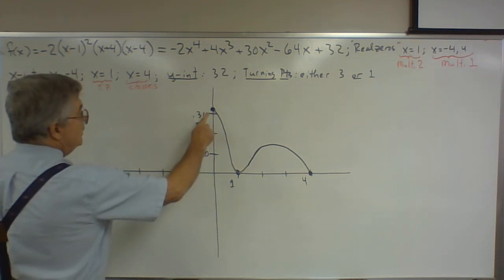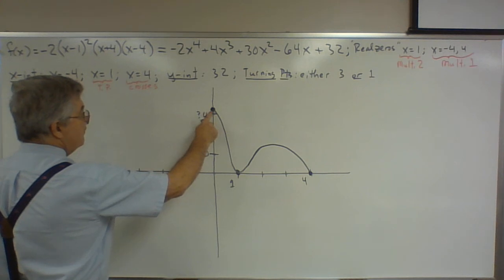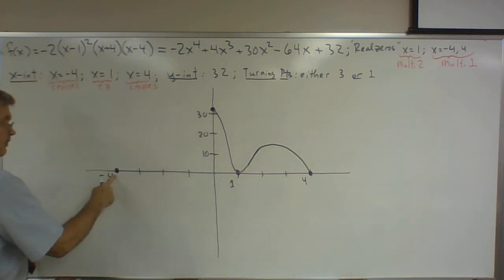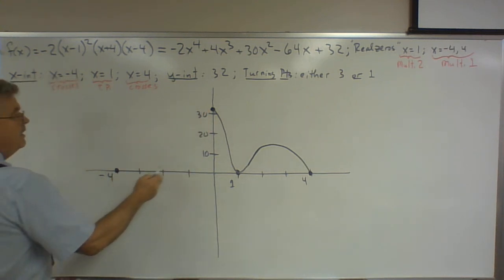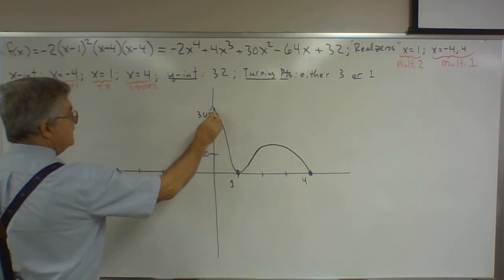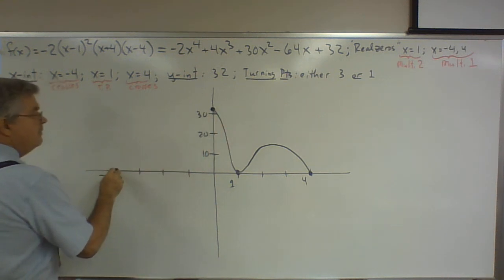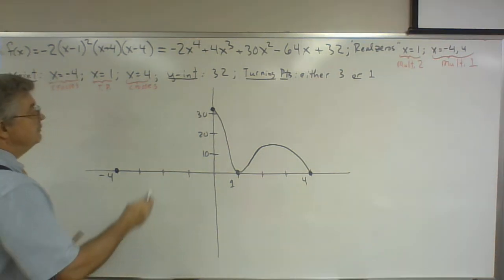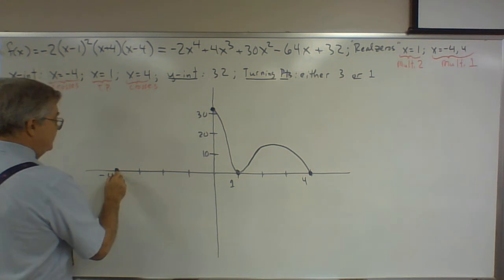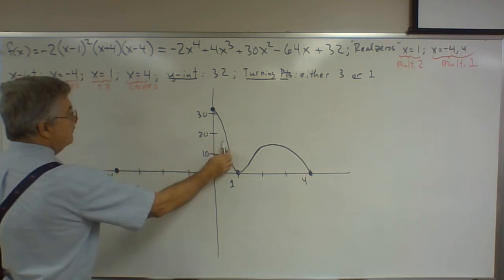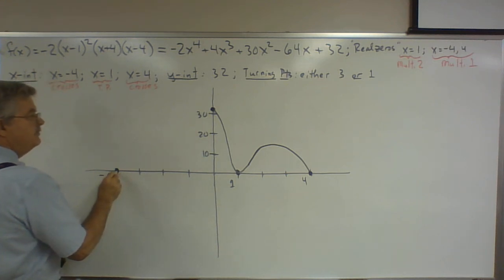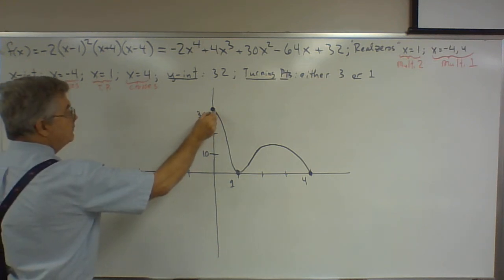And we have a point on the graph right here at y equal 32 on the y-axis. And on the x-axis, we have another x-intercept. So the graph has to go from here to here. How is that possible unless somewhere between here and here the graph turns around? The graph's going up here, but in order to get to this point on the x-axis, it has to turn around, doesn't it?